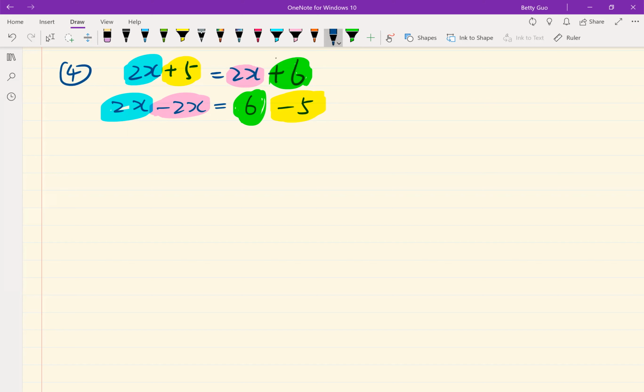So let's collect like terms. On the left, we have 2x minus 2x, which is 0. On the right, we have 6 minus 5, we have 1. Turns out, after we apply a couple of steps, the original equation is equivalent to a contradiction. 0 equals 1 is a contradiction, right? 0 is not equal to 1.